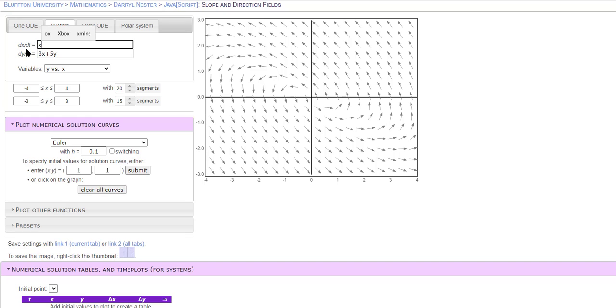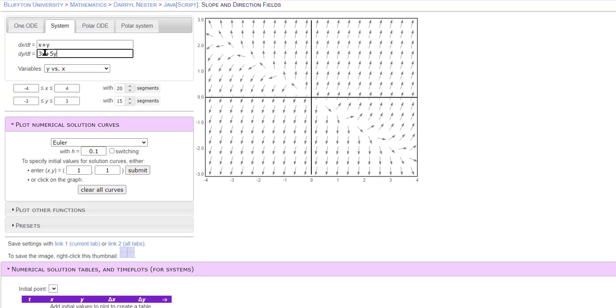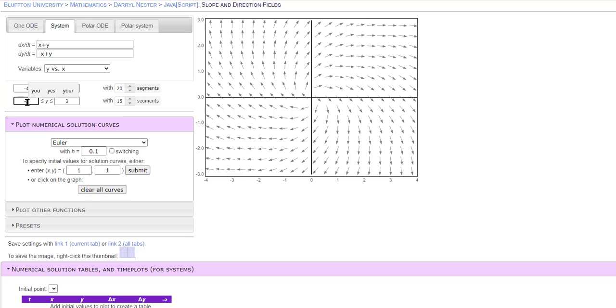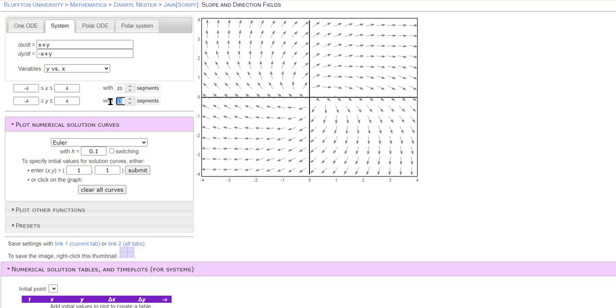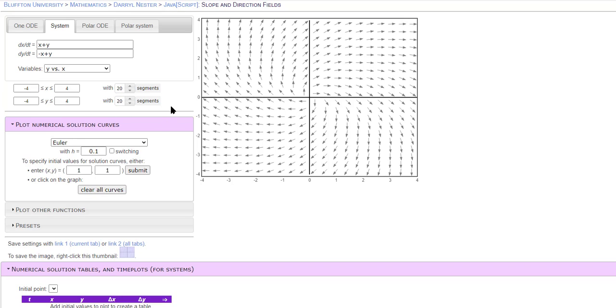What we have here is x plus y and then negative x plus y, right? Okay, let's keep these bounds from negative 4 to 4.